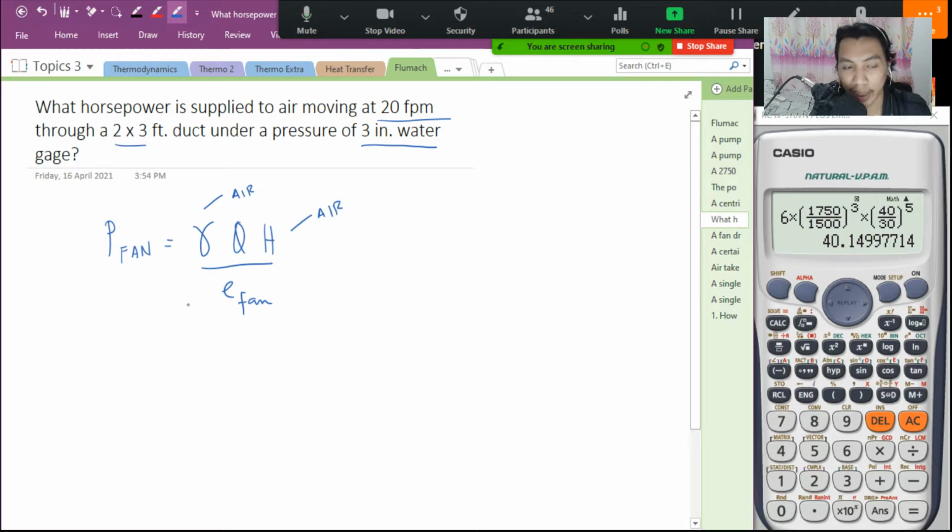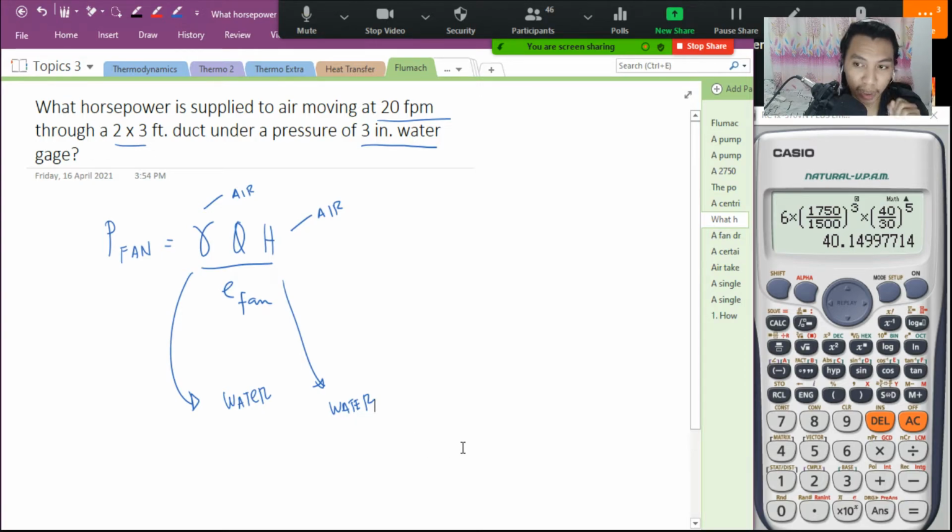Ngayon, kapag ito naman, other way, naka gauge ng water, dapat lahat yan naka water. Kapag nag-solve ka ng air dito sa gamma, dapat ang head mo rin naka-air. Ganun din, kapag water, i-translate mo din siya into water.